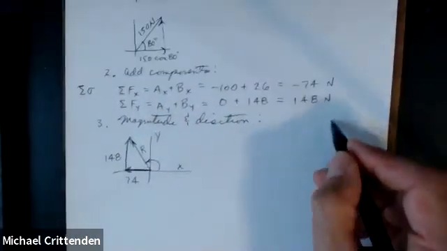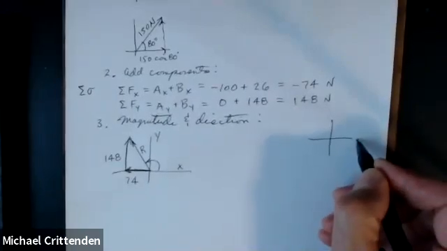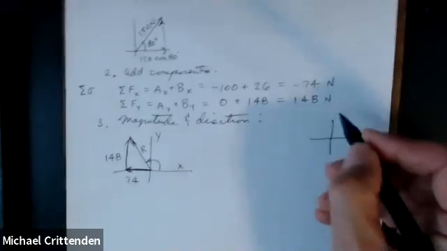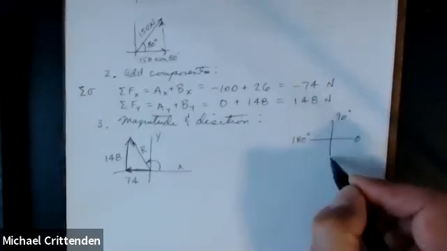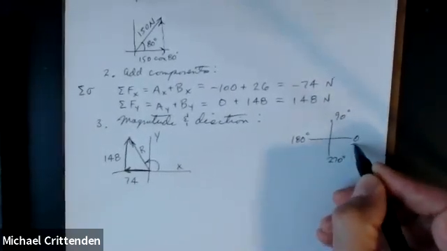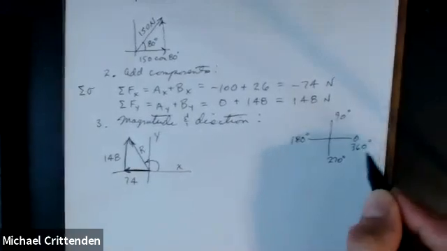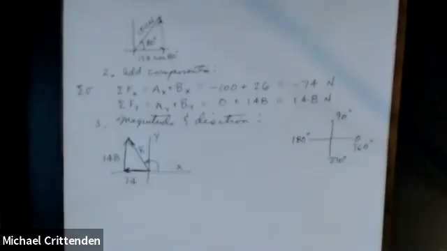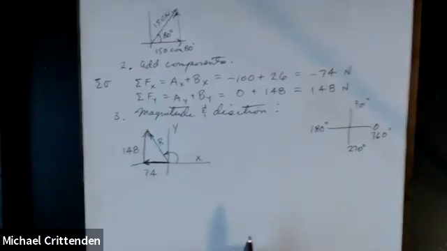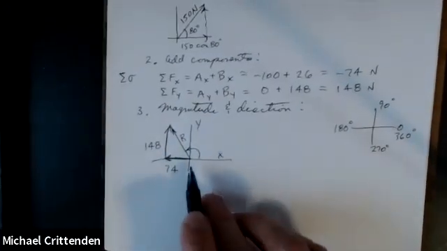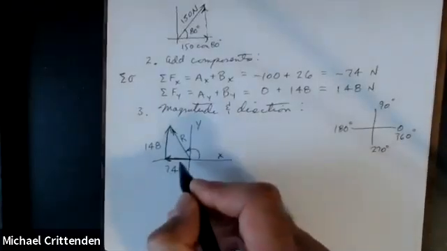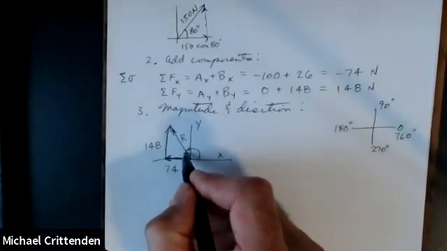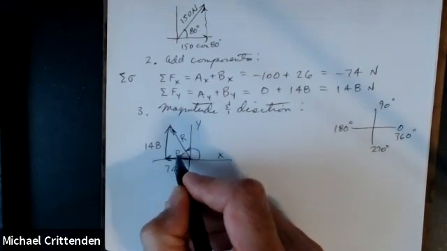So the idea is 0 degrees is this way, 90 degrees is this way, 180 degrees, 270 degrees, and then 360 is the same thing as 0, okay? So ultimately, what you should give for the direction is this angle here. But the way I want to do it is I'm going to calculate this angle inside the triangle.